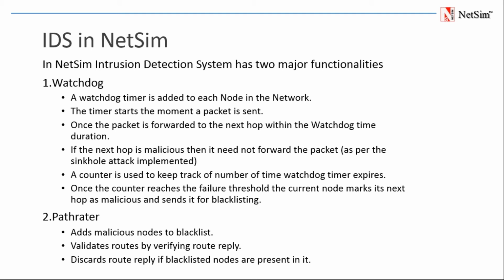In watchdog, a watchdog timer is added to each node in the network. When a packet is sent and forwarded to the next hop, if within the watchdog time duration the next hop is malicious, then it does not forward the packet, as per the sinkhole attack implemented.